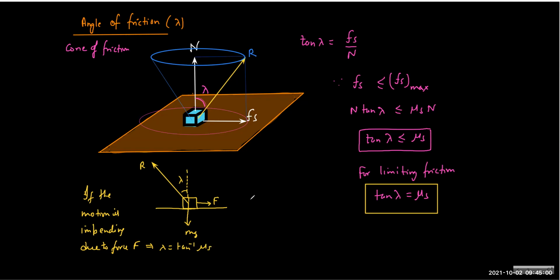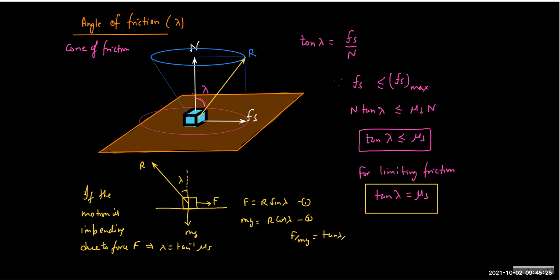So in such a case, we can say that F will be equal to R sin lambda and mg is equal to R cos lambda. And therefore, you can just equate these two values. If I divide these two equations, what will you get? F by mg is how much? Tan lambda.